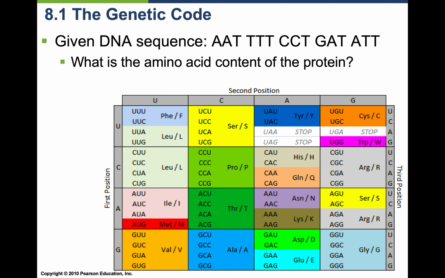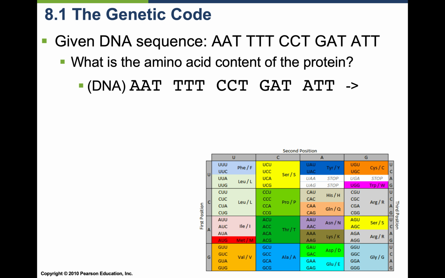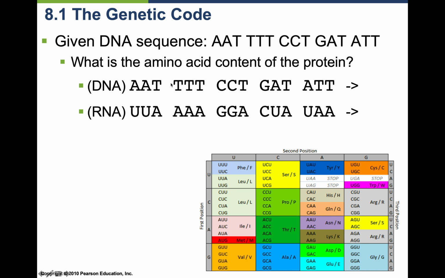Okay, hopefully you actually took the time to do that. If you didn't, I highly recommend that you hit the pause button and do it. But this is what you should have gotten. If your DNA is AAT, TTC, CTG, ATA, TT, it should result in an RNA molecule that is complementary to that, with U's substituted for the T's.